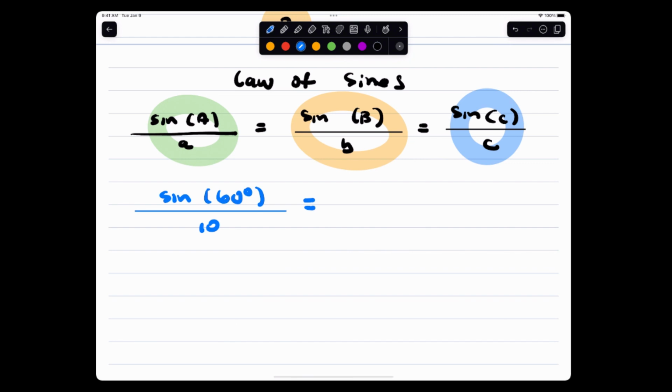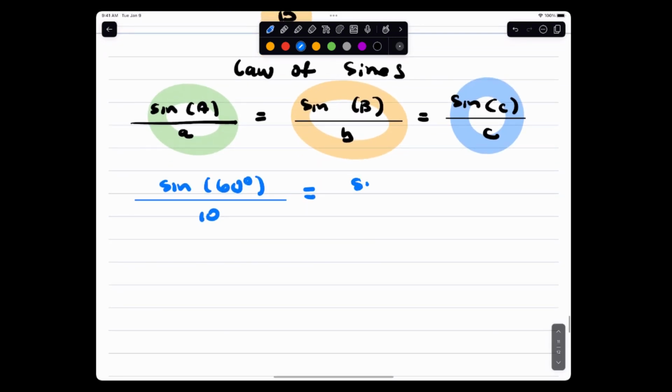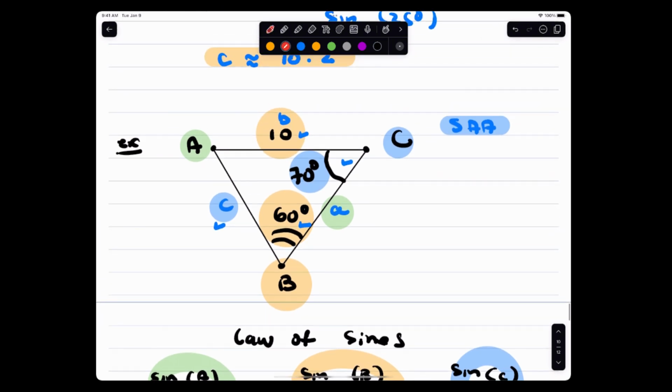And then that will equal, now we can do this, sine 70 over C. And I apologize, I went out of order. What should we have done? Can we find A? So 180 minus 60 minus 70. What is A? We forgot to do that first. It's okay, though, we could do that now. Is that 50 degrees?